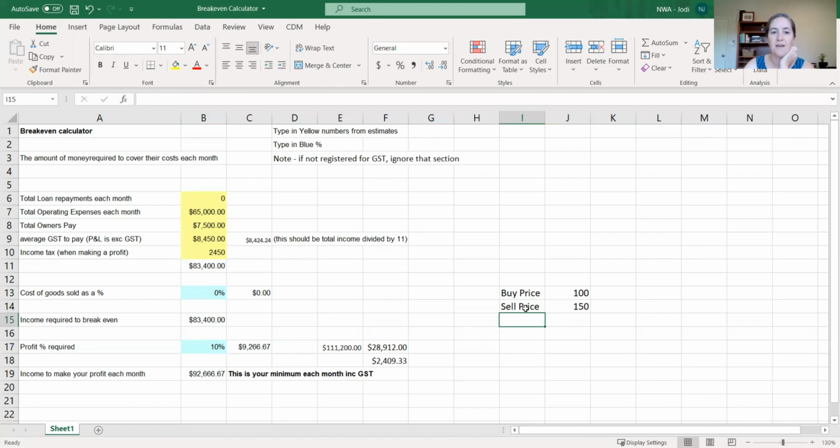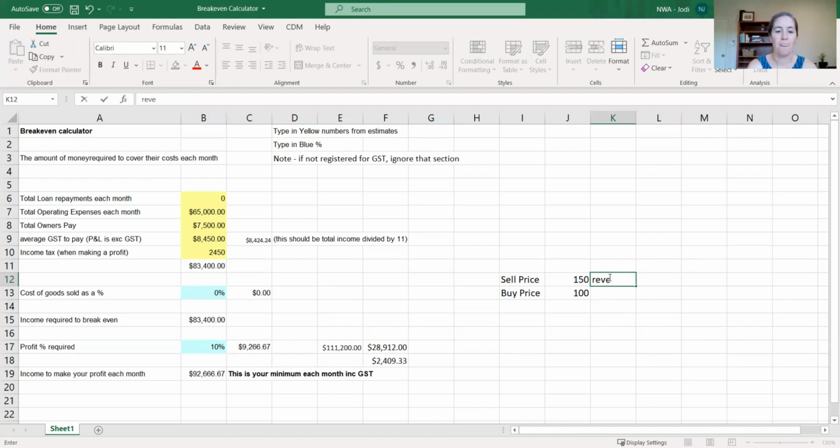When we look at it on a profit and loss statement, it's actually the other way around. So that's your revenue, and that's your cost of, I'm going to put COGS, cost of goods sold.